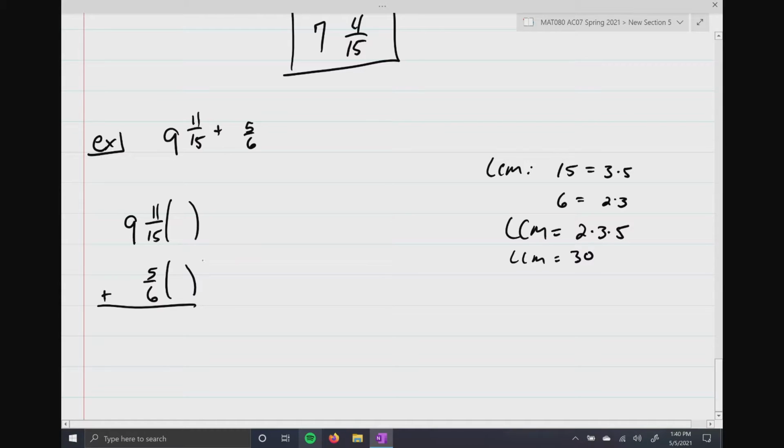So I'm going to multiply each one of these fractions so that I get, let me put that out front, 30 as my denominator. So I multiply the top fraction, 9 and 11/15 by 2 over 2.